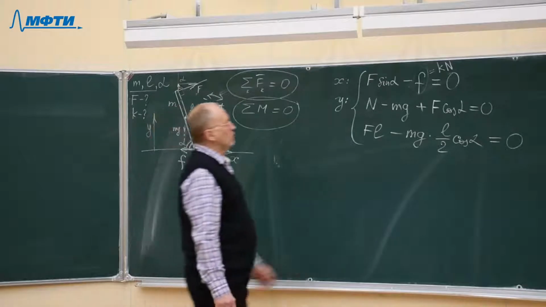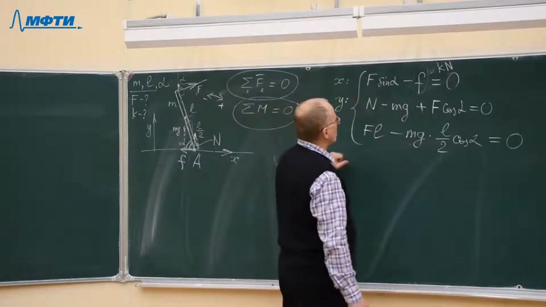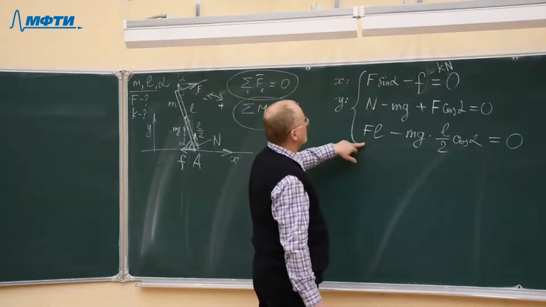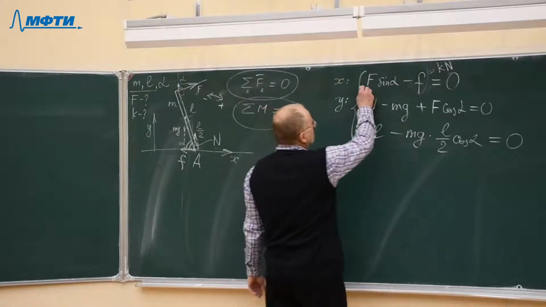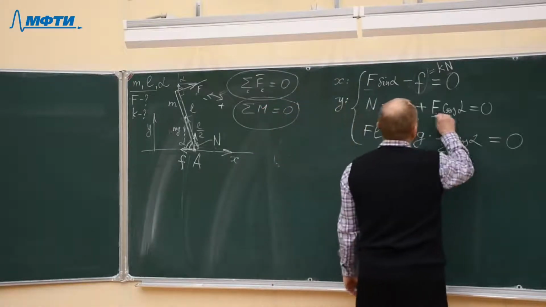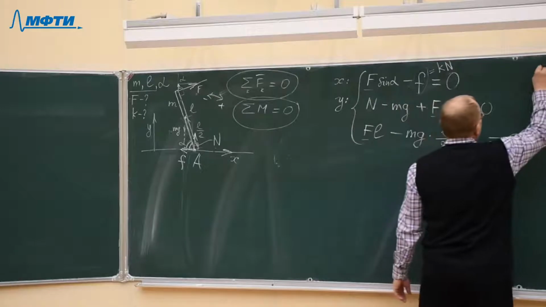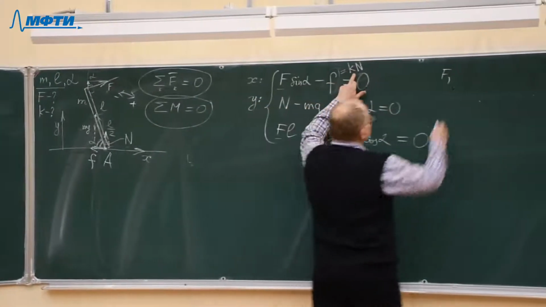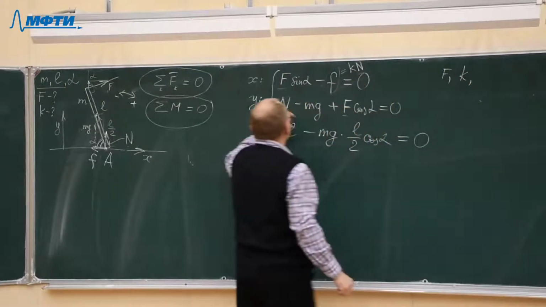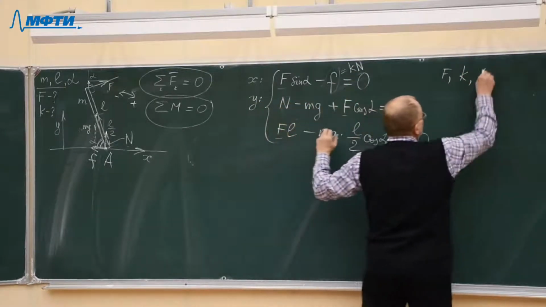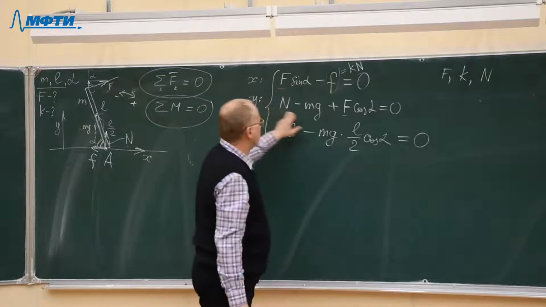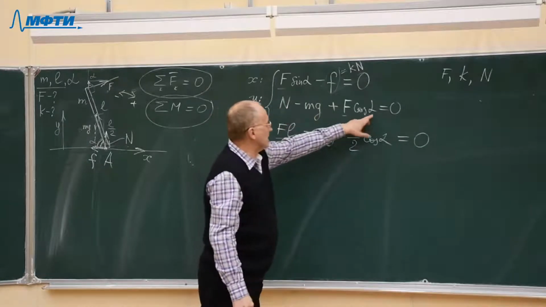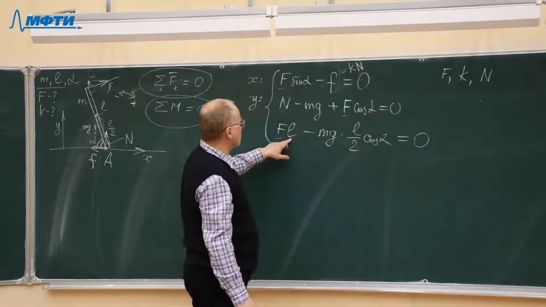By the way, how many unknown quantities do we have in these simultaneous equations? F is unknown, which is here and here. Alpha is given. K is unknown, the coefficient of friction. N is unknown, certainly present here. Mg is known, alpha is known, L is known.